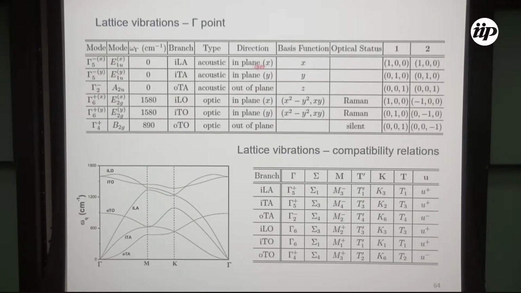They all transform as X, Y, and Z. But then we go to graphene: how many vibrational modes do we have at the gamma point? How many degrees of freedom? 6. We have 3 times 2 atoms.